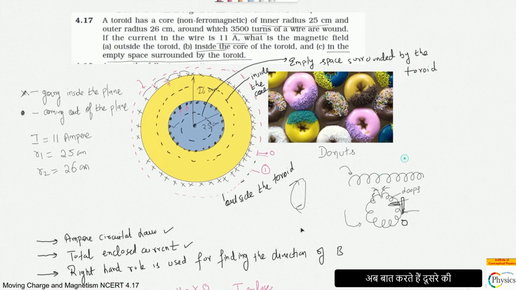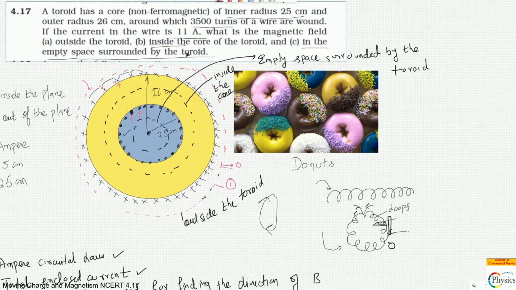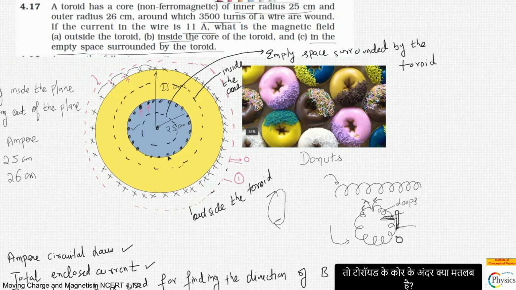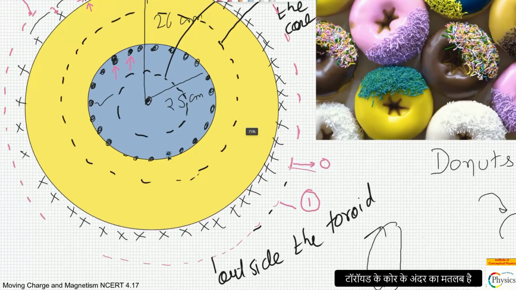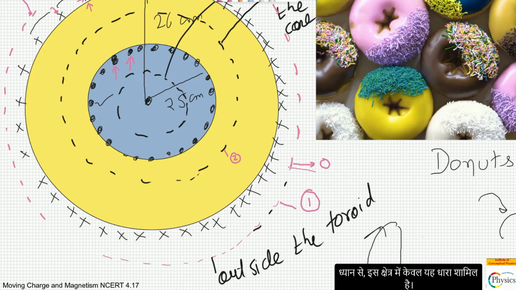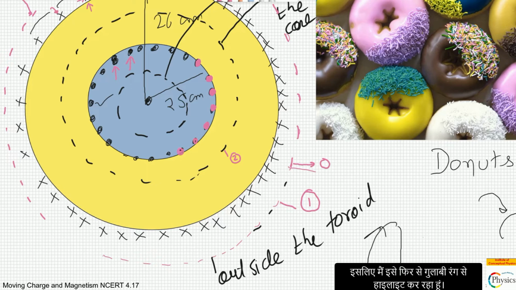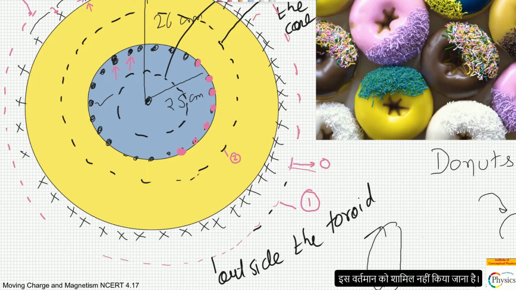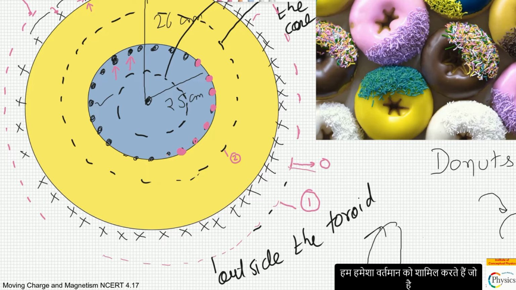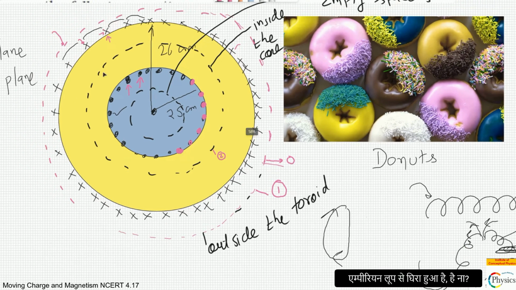Now let's talk about the second one, inside the core of the toroid. Inside the core of the toroid means region number 2 here. If you look into this region very carefully, this region only includes this current, the current which is going outside the plane, coming out. I'm re-highlighting it with the pink color. This other current is not to be included. We always include the current which is enclosed by the Amperian loop.